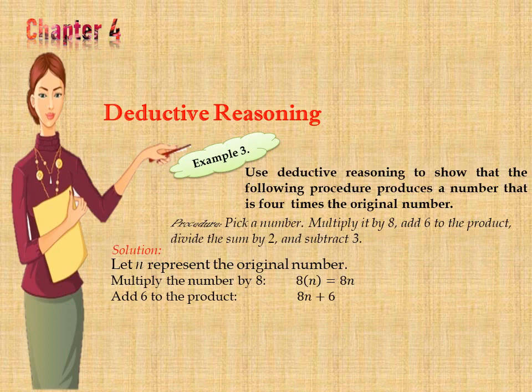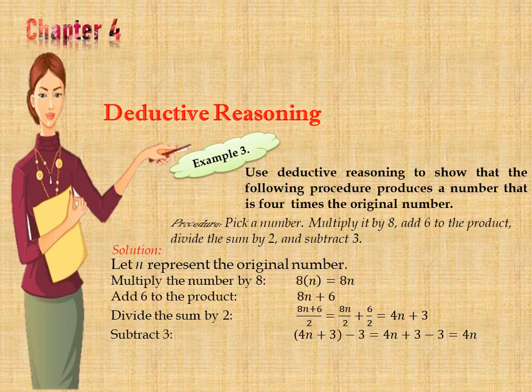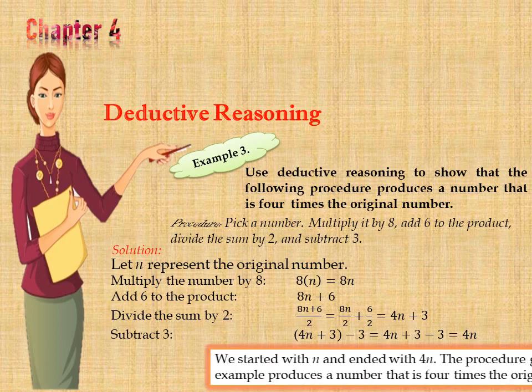The next step is we divide the sum by 2. Since the sum is 8n plus 6, we simply divide that by 2, and this will give us 4n plus 3. Okay? Next, we subtract 3 from 4n plus 3. So we will have 4n plus 3 minus 3, and this will give us 4n.